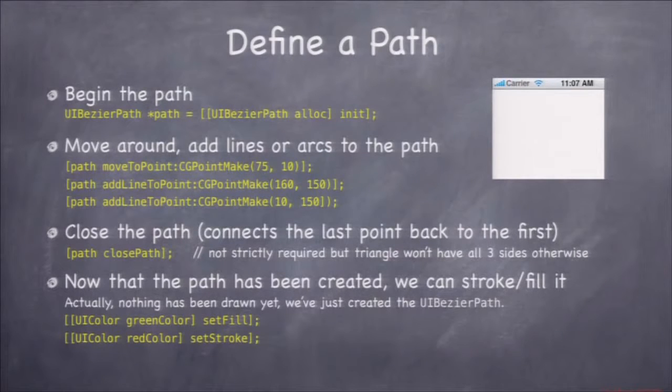Just get a UIColor like you did for attributed strings. Call setFill or setStroke. You can even just say set, and it'll set the fill and the stroke to be whatever color you send it to. And once you have your color for fill and stroke set, you send a message to the path saying fill and/or a message to the path saying stroke. And now it will actually draw. So those last two calls, fill and stroke, are the things that cause drawing to happen. Everything else is just setup.